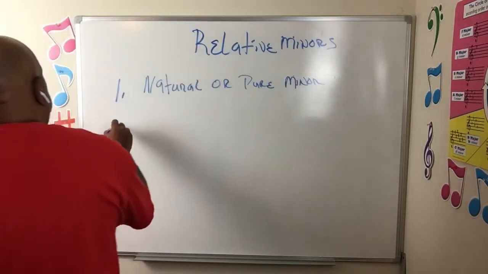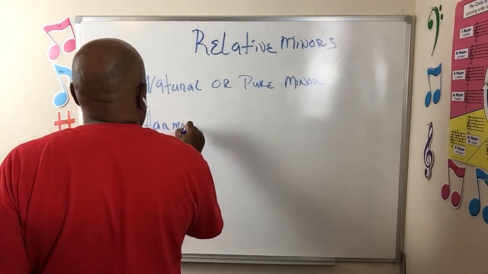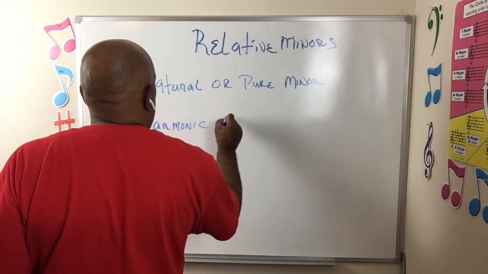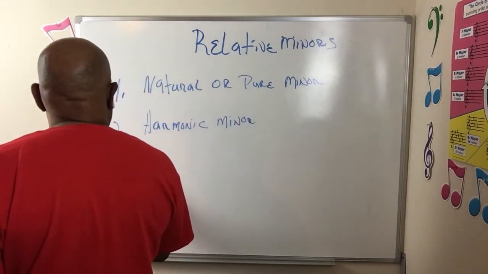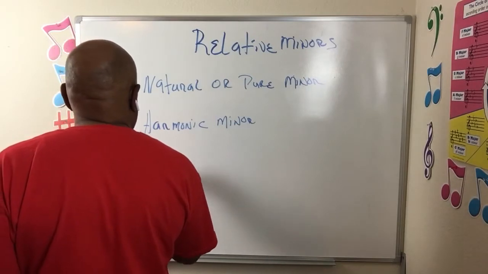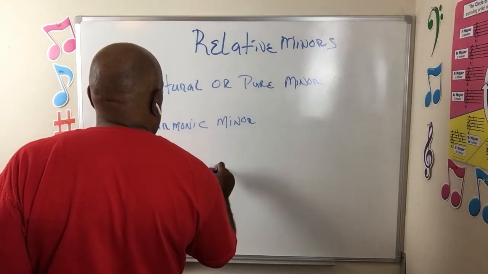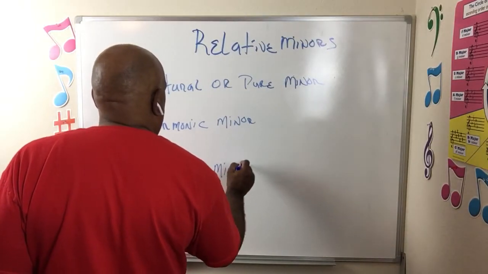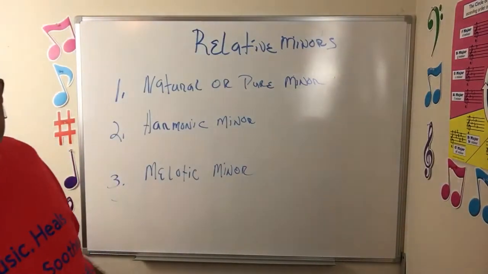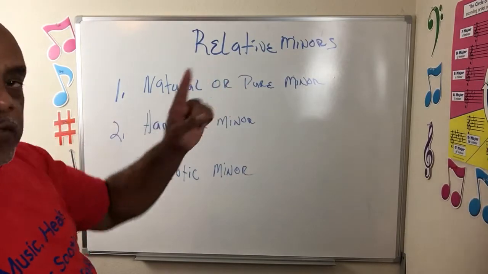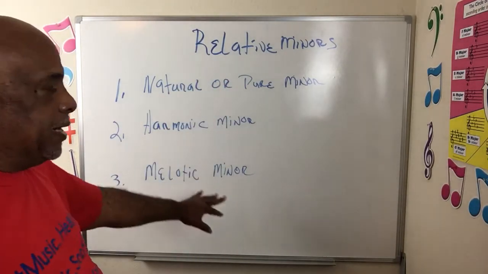The second one is the harmonic minor. And the third one is the melodic minor. So these are the three types of minors that we're going to be dealing with today: the natural or the pure minor, the harmonic minor, and then the melodic minor.